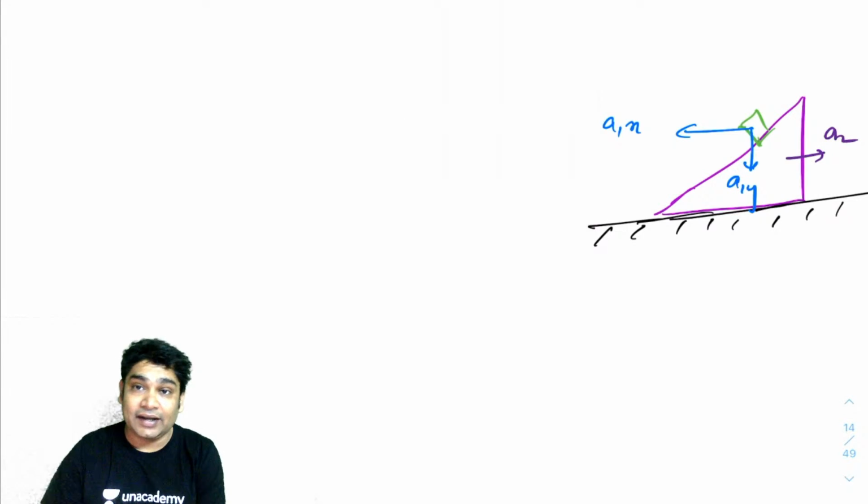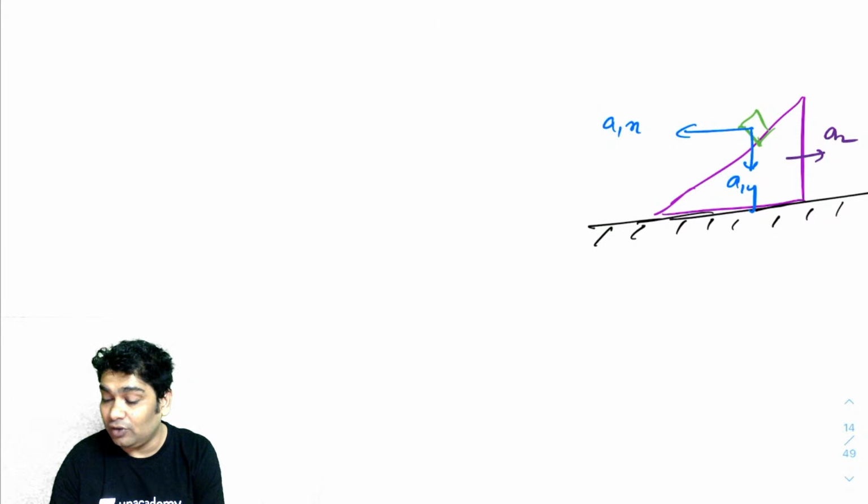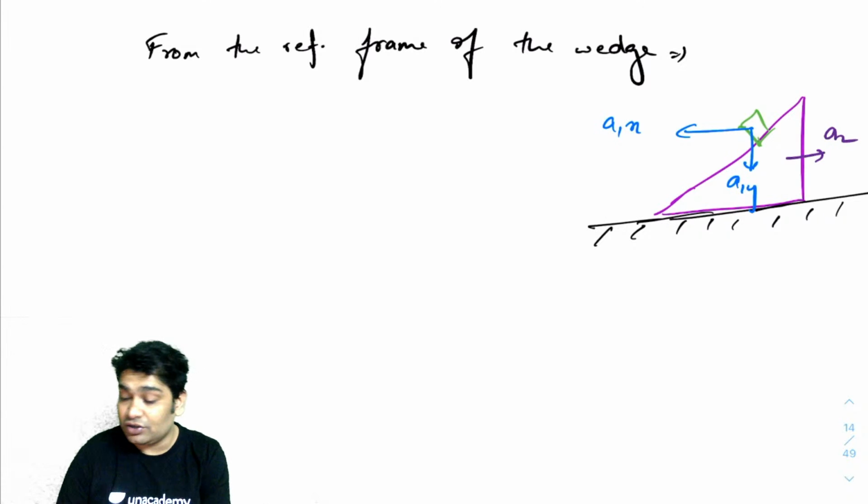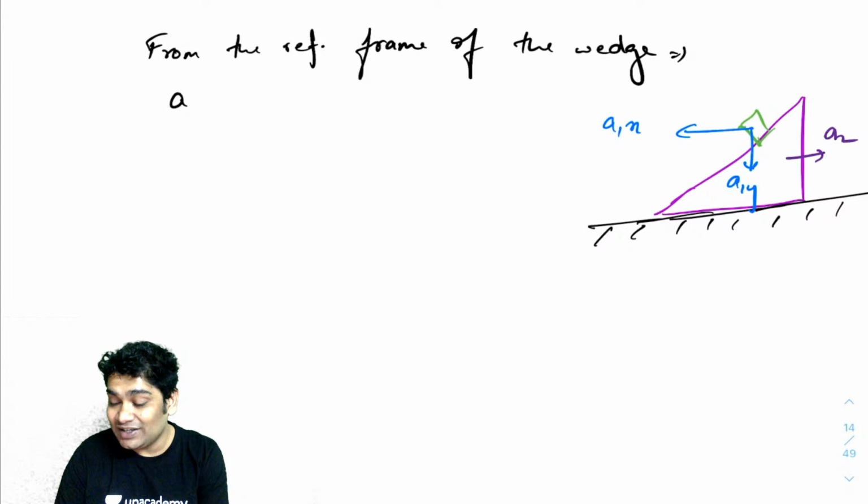Now again, the trick is always to go to the reference frame of the wedge. So from the reference frame of the wedge, what will you see? What is the acceleration of, let's say, 1 with respect to 2 vector? Let's see how that appears.